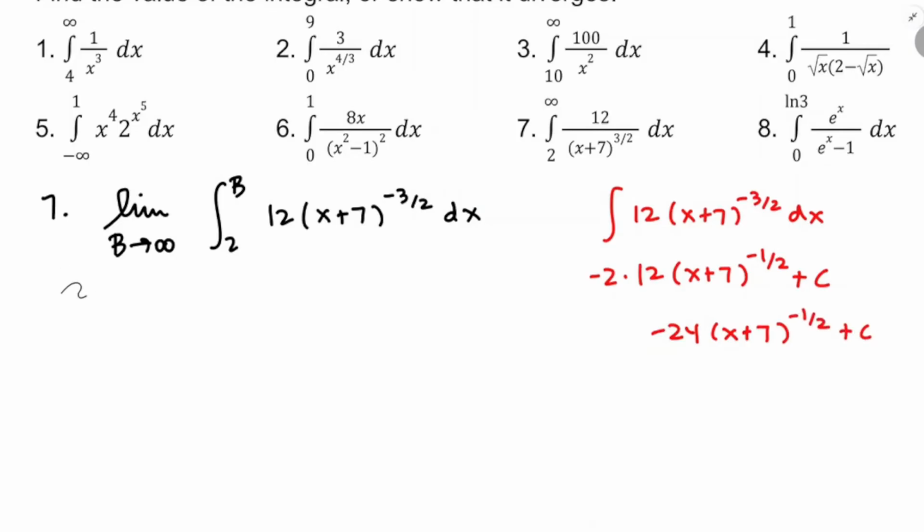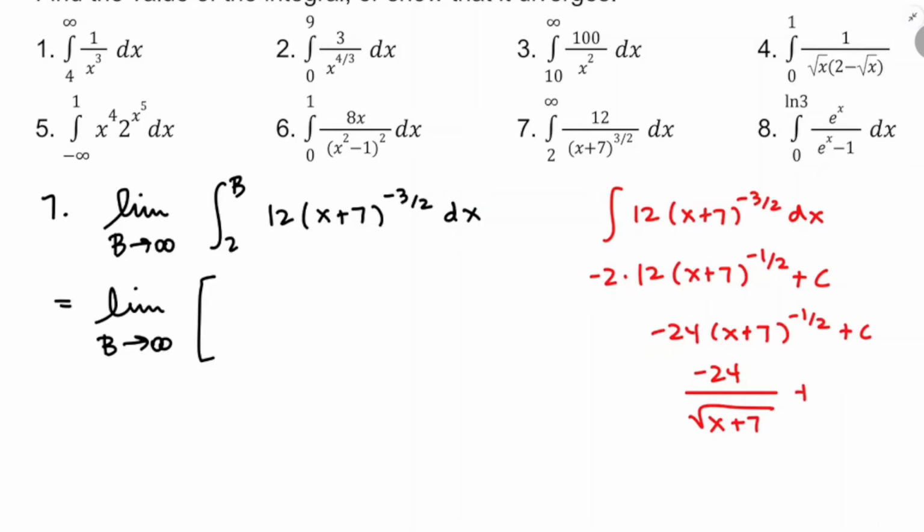And that's going to equal the limit as b approaches infinity of plug in b first, and the -1/2 power is 1 over the square root of x plus 7.